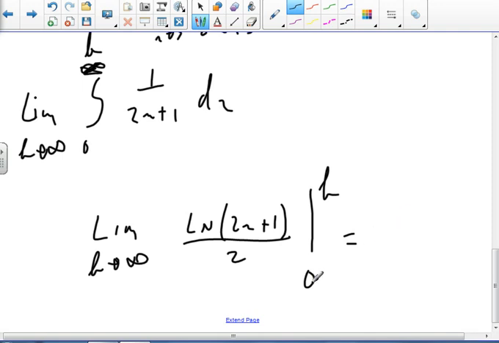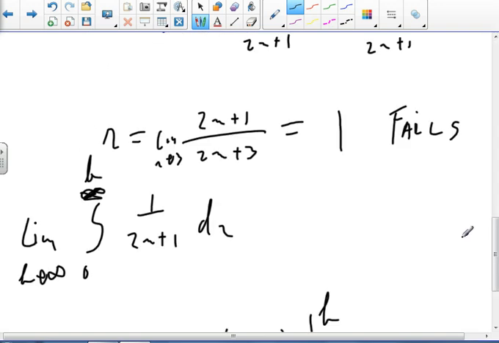When I put in 0, I get natural log of 1, which is 0, over 2. That'd be a minus sign because it's the other one, plus I put the b in, the limit as b goes to infinity, natural log of 2b plus 1 over 2.